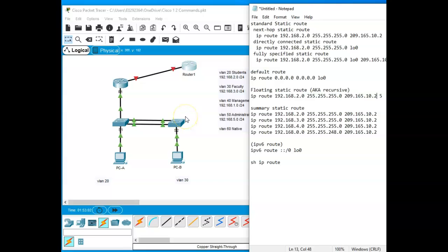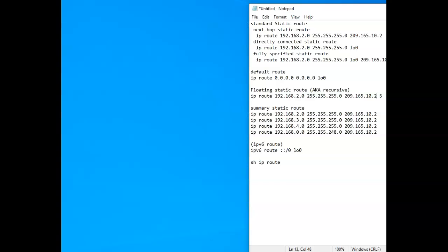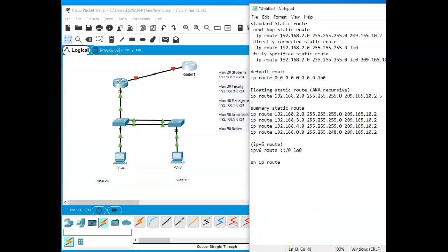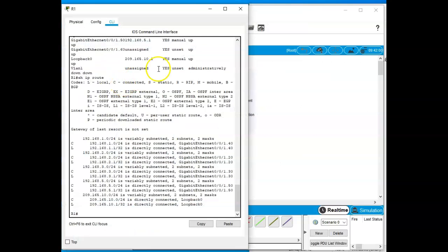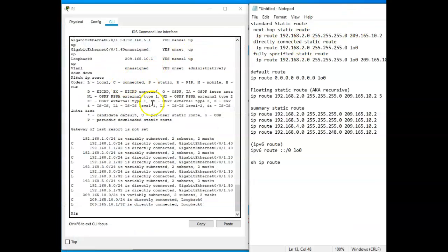That means we would have to know what our next hop is. We don't necessarily know it, but for purposes of showing you this, we are going to pretend that 209.165.10.2 is going to be our next hop. Let me get R1 back up. We're going to put all of these on R1. We don't own the second router.